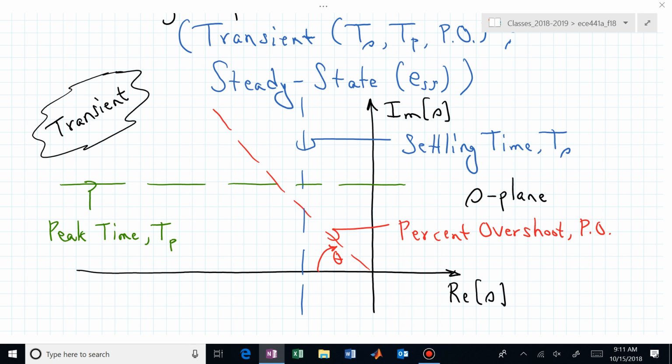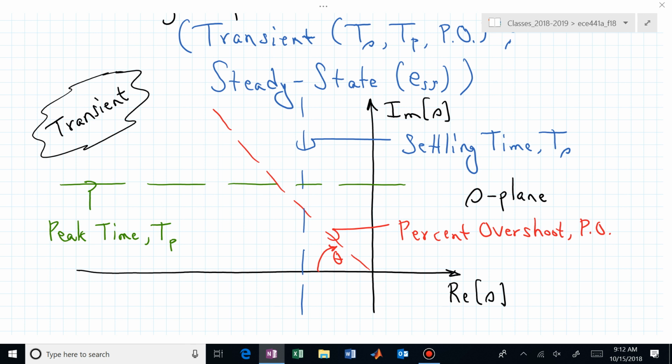You're going to get less pizza. You're going to lower that angle theta. That theta is going to get closer to the real line. It's going to be smaller. This is the picture that you might be thinking of relative to the complex S-plane for transient performance specifications. Settling time, vertical. Peak time, horizontal. Percent overshoot, angle.